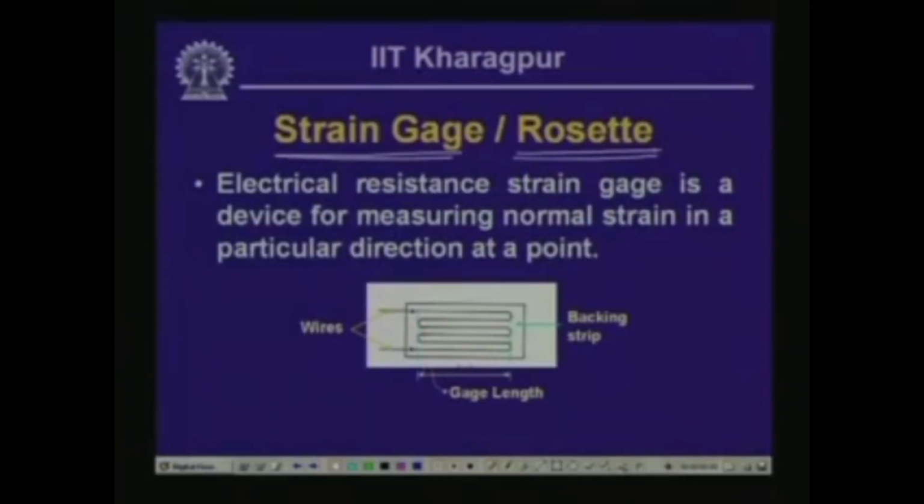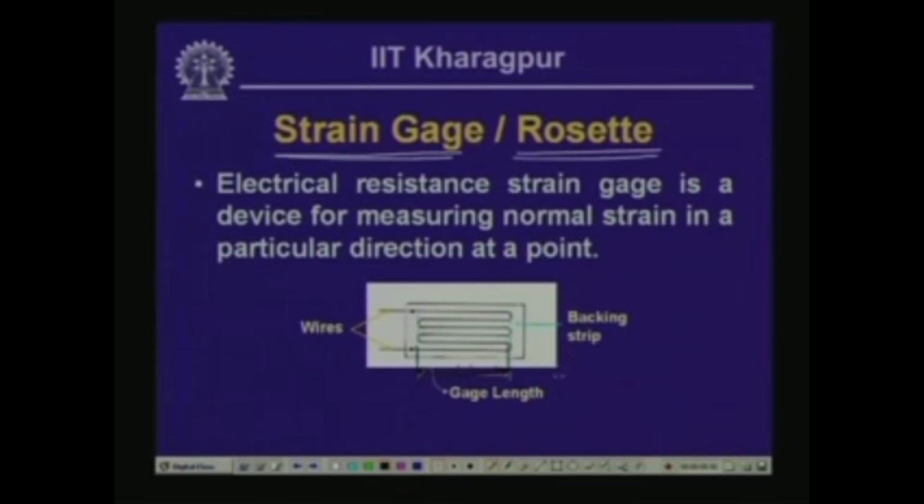This is the configuration of the strain gauge, where this area shown here is the backing strip over which the wire is placed, and this is the gauge length of the strain gauge.